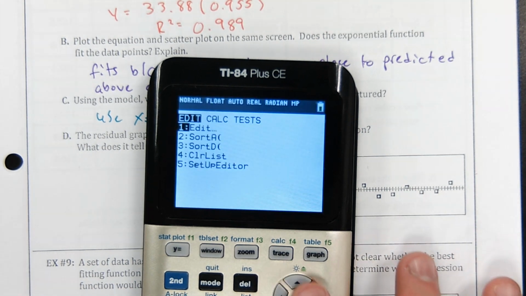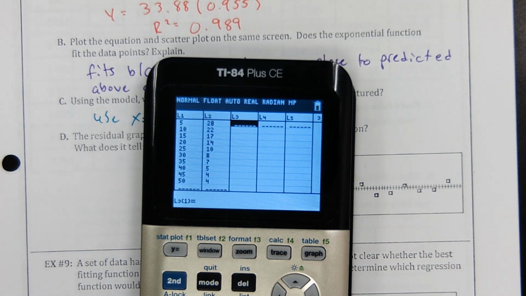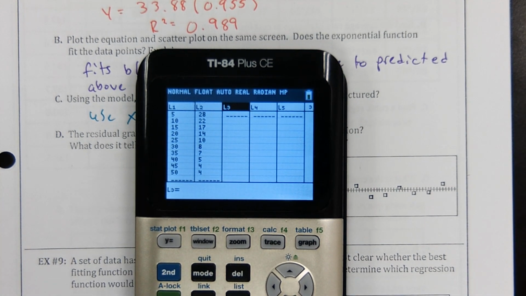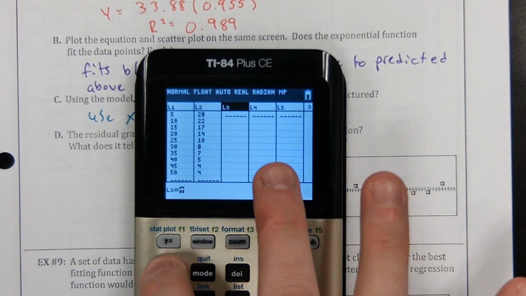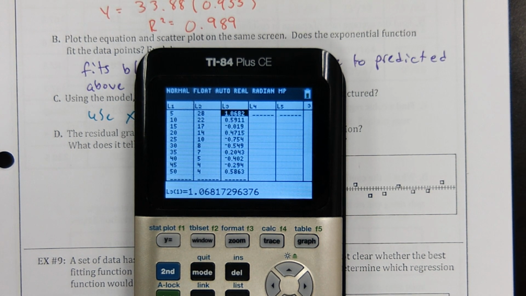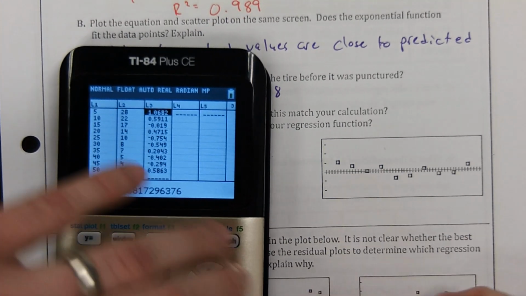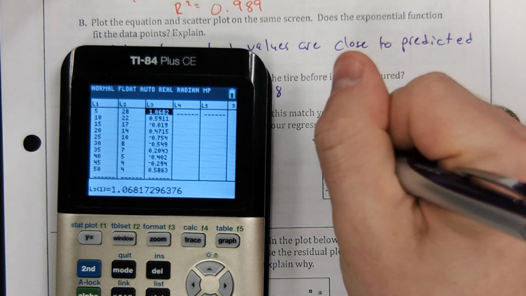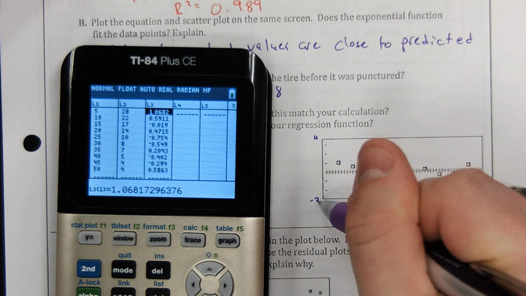You could go to Stat, Edit, go to L3, hit Enter, second stat residual, and hit Enter. If we're trying to match this, though, you'd need to see 1, 2, 3, 4. It looks like it went up to y equals 4 here and negative 3 here.